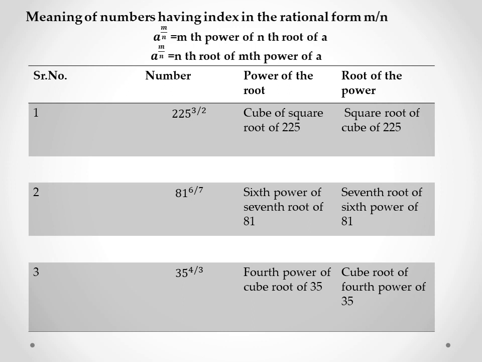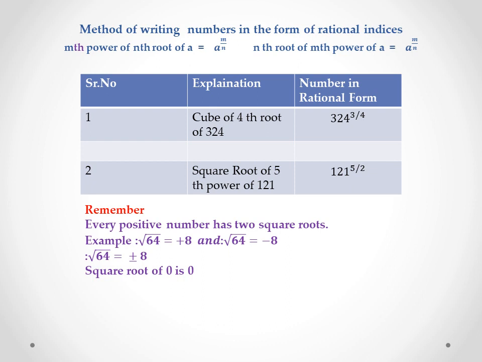By any method we can write that. 35 raised to 4 upon 3. Fourth power of cube root of 35, or cube root of fourth power of 35. Means here remember, you may write power first or root first, but numerator is always power and denominator is always root in case of indices. Remember this.